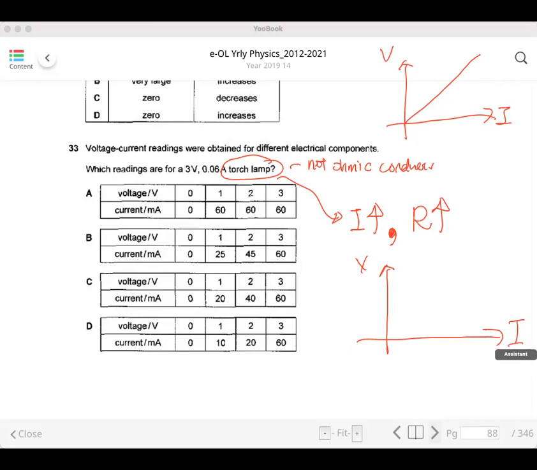It should look like this, because the gradient should go up. Can all of you see the gradient? At the point where it is 3 volt, it will give you 0.06 ampere. Clear?